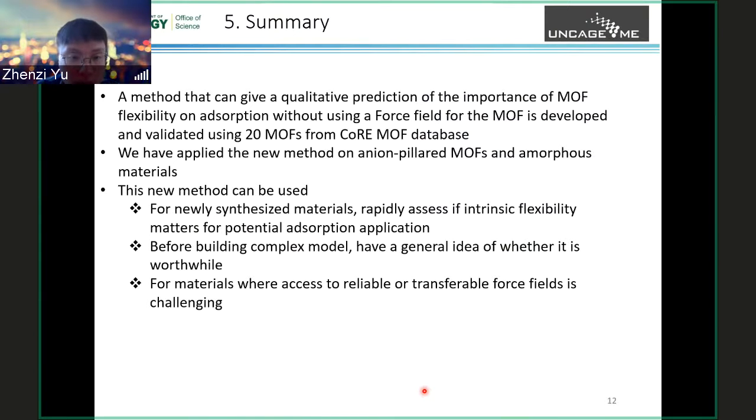This new method can be used for newly synthesized materials to rapidly assess if intrinsic flexibility matters for potential absorption application. And this method can also be used before building a complex model, to have a general idea of whether it is worthwhile to actually build a complex model. And also this new method can be used for materials where access to a reliable or transferable force field is challenging.